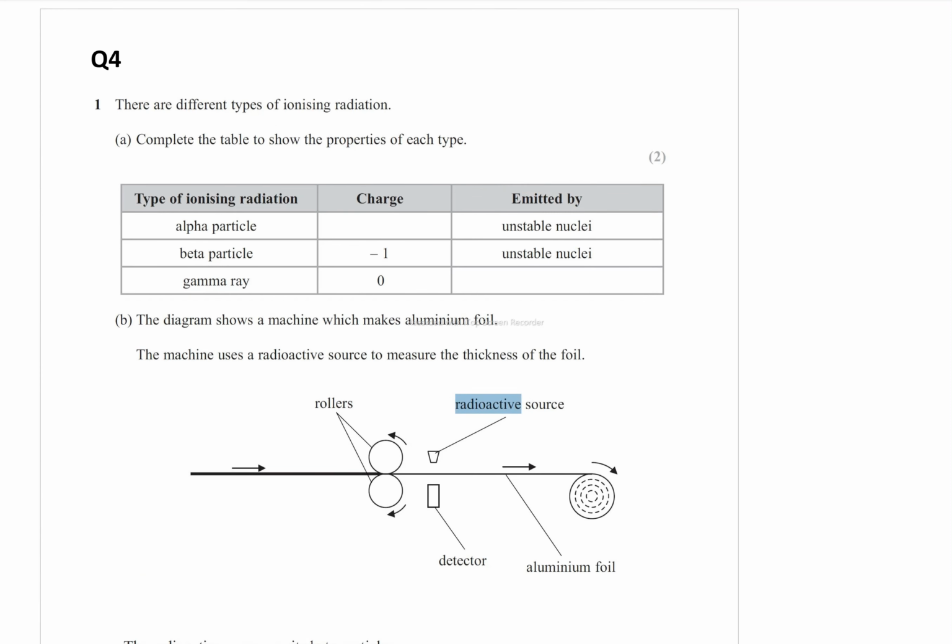There are different types of ionizing radiation. This is a good one to keep. An alpha particle has a charge of +2 because it's a helium nucleus. A helium nucleus is, am I confused? Or is that true? Give me one second, I'll double check that. Yep, it's a helium nucleus. It's 4-2.